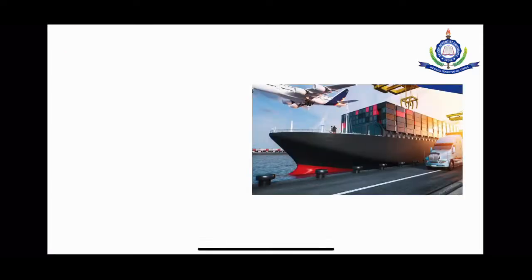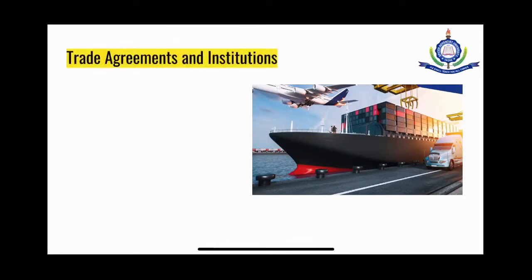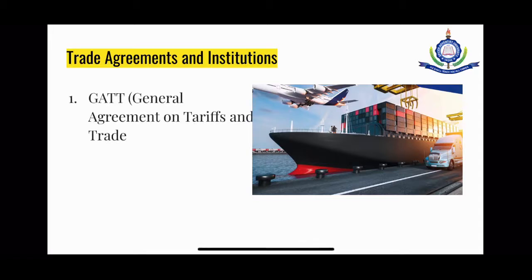Then we also have the next part, that is trade agreements and institutions. As a student of international business, we need to understand about the various trade agreements. Well, most common is GATT, that was signed in the year 1947 between many member countries, and this was a legal agreement between those countries to promote international trade by reducing or eliminating trade barriers such as tariffs and quotas.